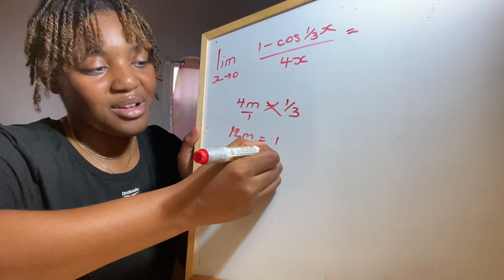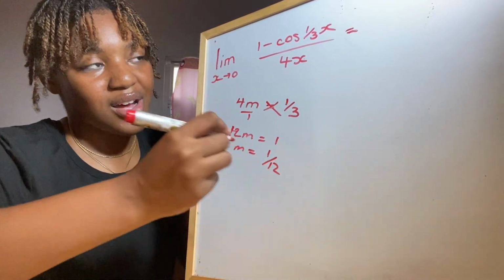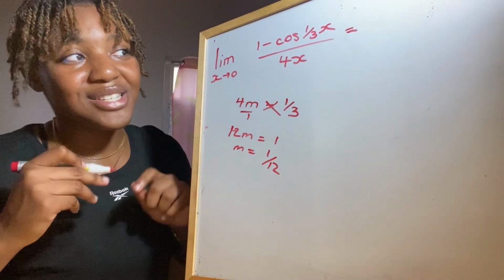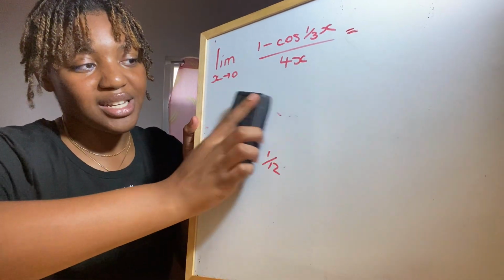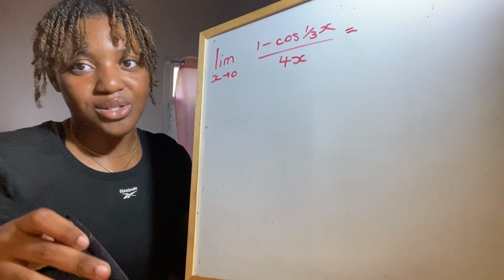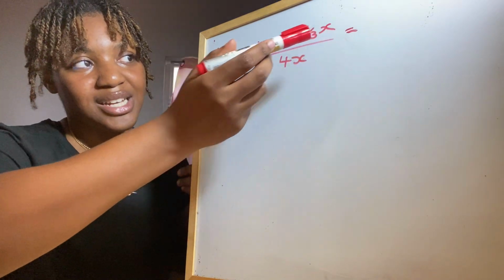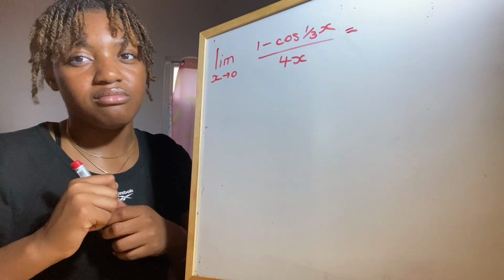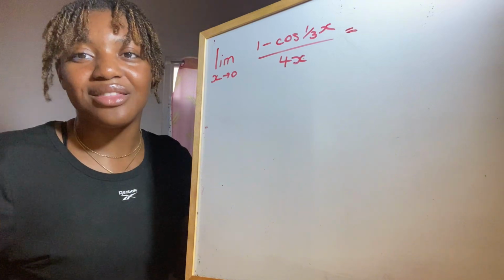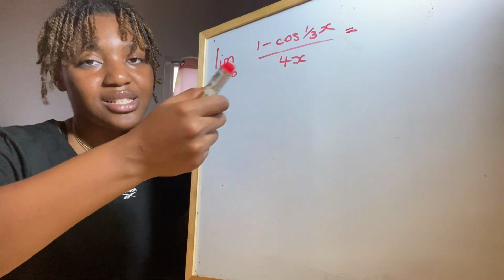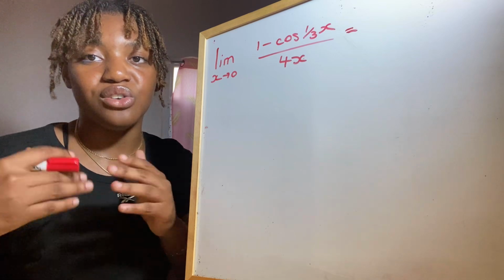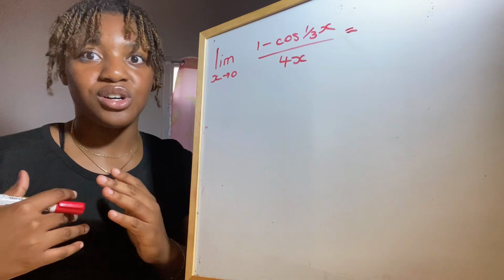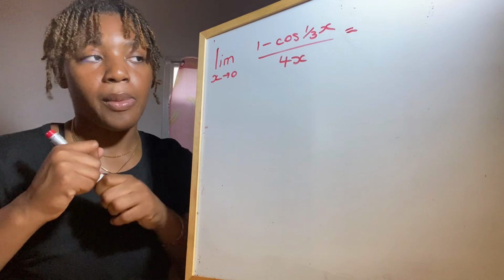Therefore, that number must be 1 over 12. We're going to multiply the denominator by 1 over 12, so we can get 1/3 in front of the x. And remember, whatever we do for the denominator, we'll have to do for the numerator, so the function can basically stay the same.